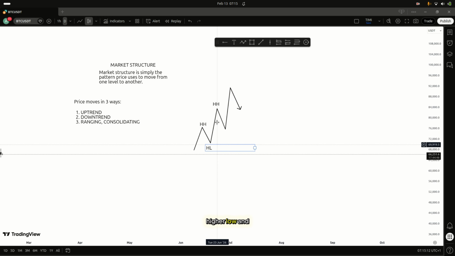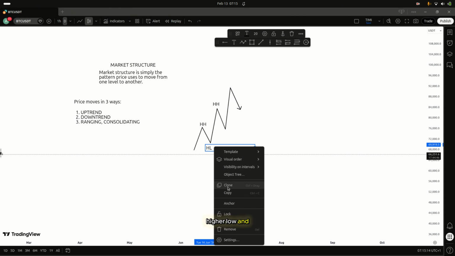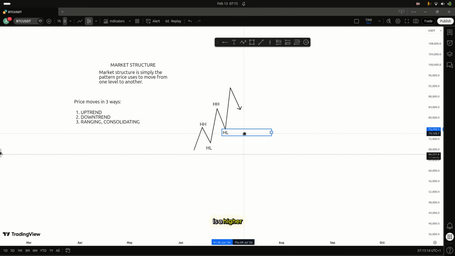This is a higher low, and this is a higher low. Higher highs, higher lows, and it will continue that way if price wants to continue being in an uptrend. It will just keep moving in this pattern.